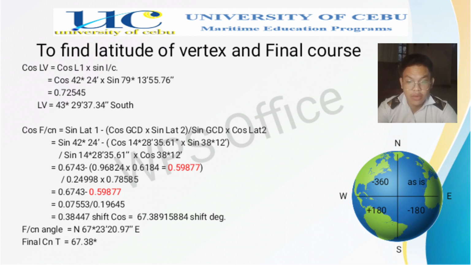In order to solve for the final course, we'll be using the formula cos final course equals sine lat1 minus cos GCD times sine lat2, divided by sine GCD times cos L2. We transpose the values and upon solving this, we get the product of 0.38447.